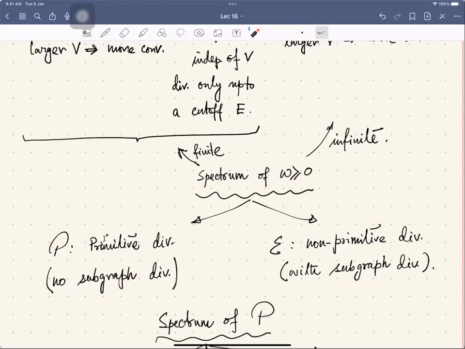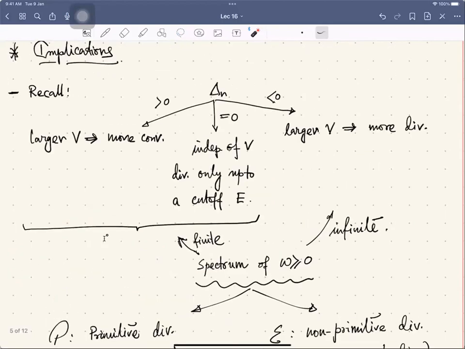So it still remains omega greater than or equal to 0, but it is bigger than this kind of primitive graph. Then the question is whether there is a restriction on how far I can do that.